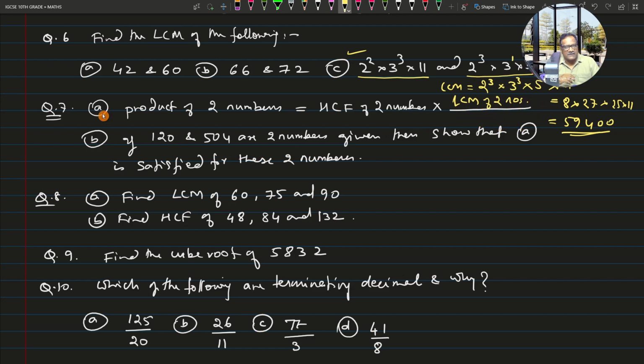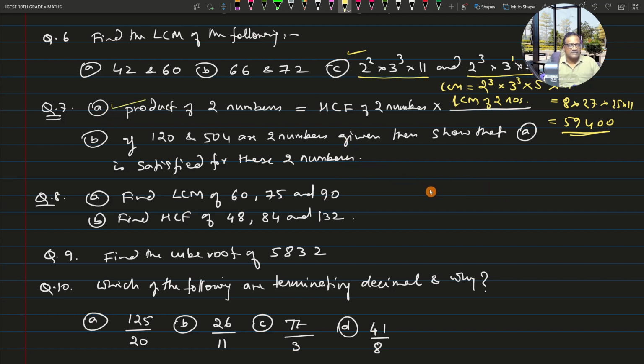Now the B part of this question is: if 120 and 504 are two numbers, then show that A is satisfied for these two numbers. A means this particular law is satisfied.